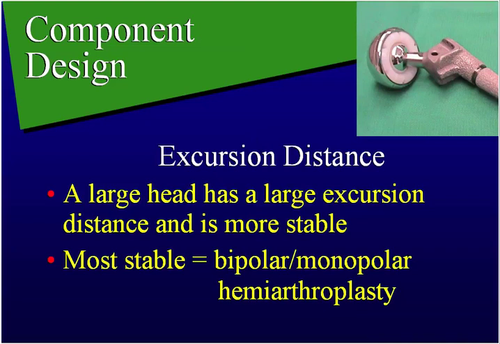So a large head has a large excursion distance and is more stable. Whoops, excuse me. Went the wrong direction there, my fault. And the most stable construct is a bipolar or monopolar arthroplasty. That's why we tend to use these large ball constructs in demented patients who are at risk for dislocation.